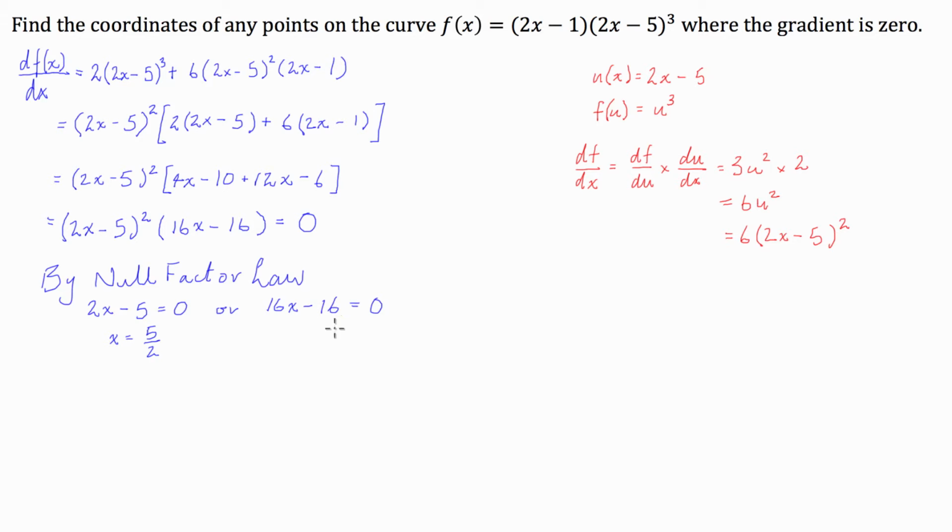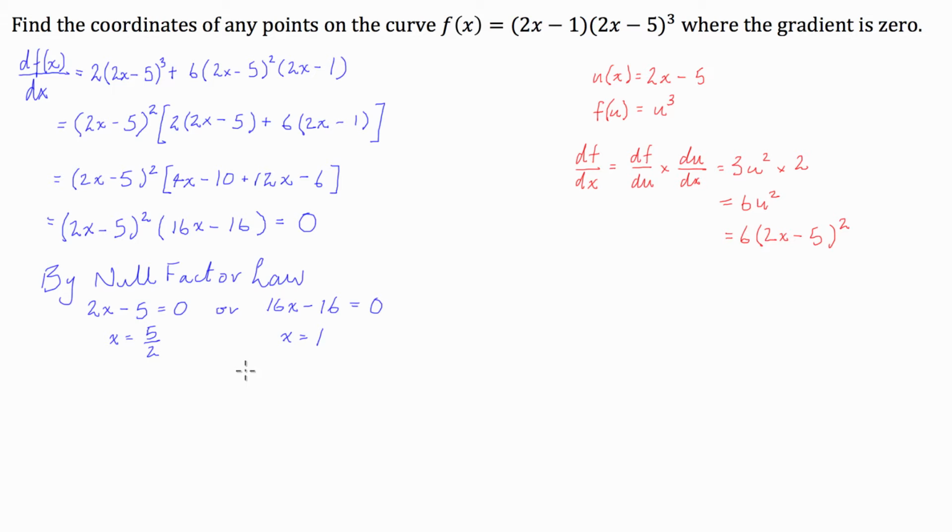So in this case, take the 16 over, divide by 16, x will have to equal 1. Okay, great. Now we have our 2 x points on our curve where the gradient is going to be equal to 0. Now we just have to find our y values.